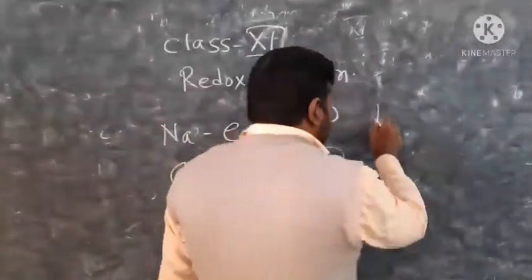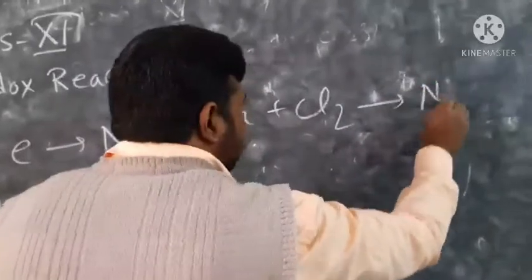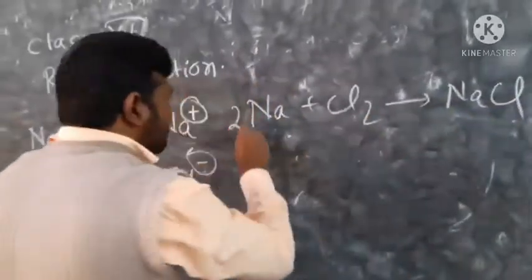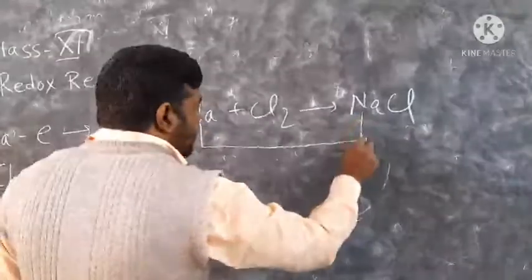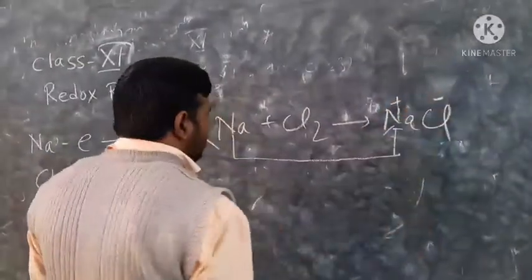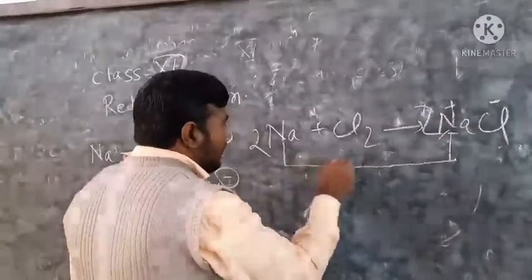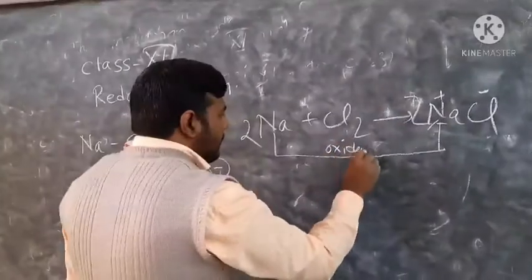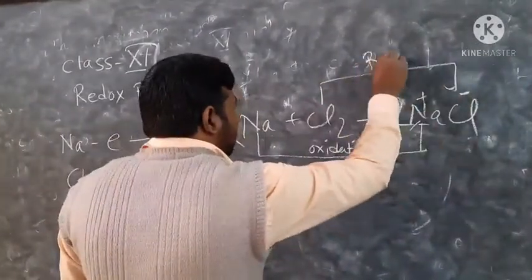Now if I write Na plus Cl2, it gives NaCl, and in the balanced condition 2Na will come here. Na to NaCl means there is the positive form and then the negative form. So this is the oxidation, and this is reduction.